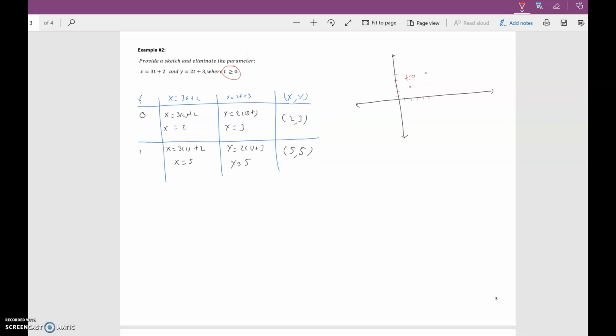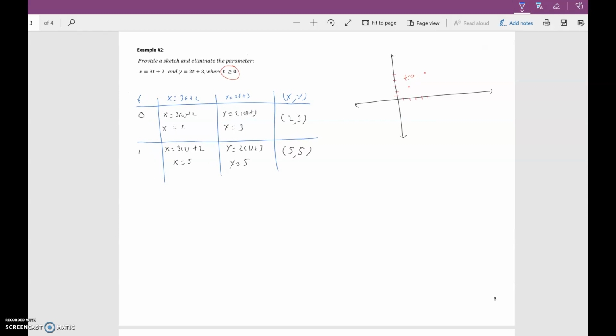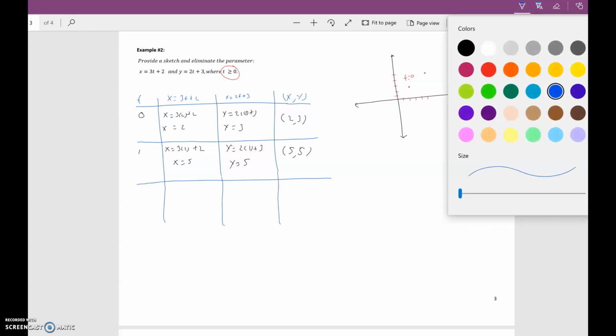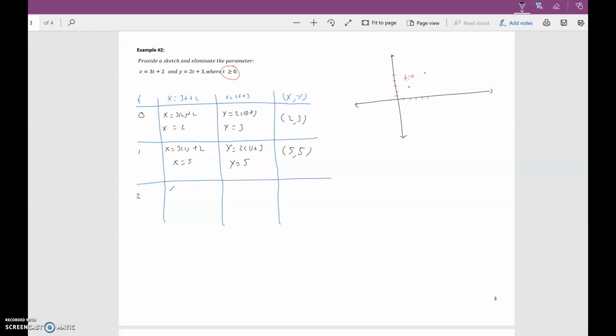This one's going to be linear since there are no exponents on the t's or anything like that. Then let me go to the next one, which is just going to be 2. So x is equal to 3 times 2 plus 2, so x is equal to 6 plus 2, or x is equal to 8. Your y value is 2 times 2 plus 3, so y is equal to 4 plus 3, y is equal to 7.